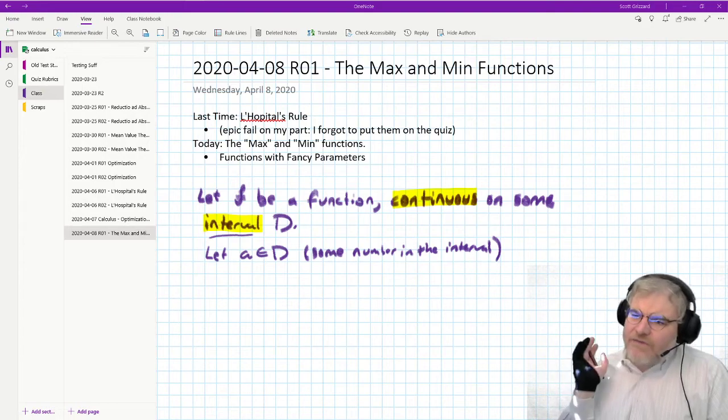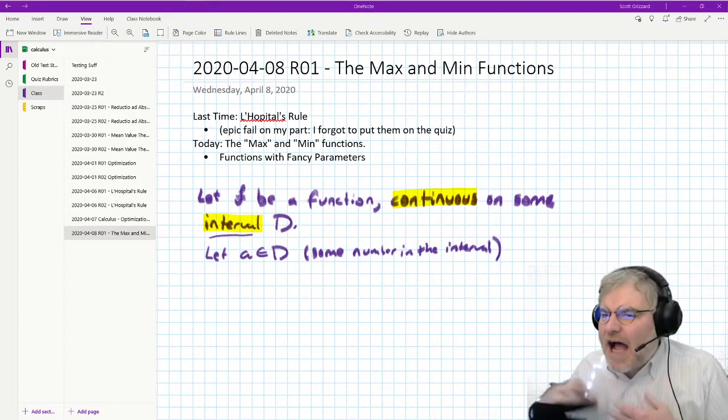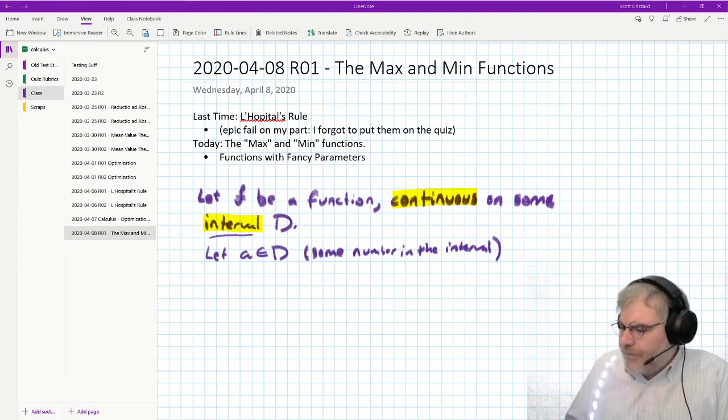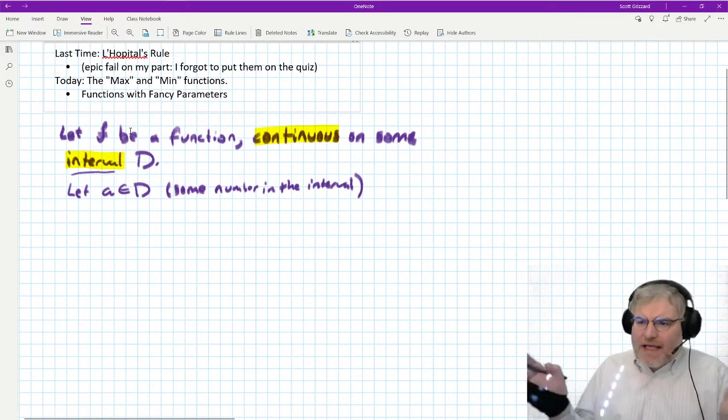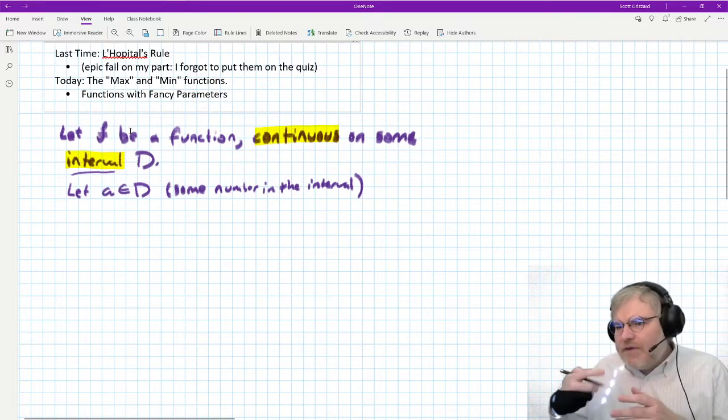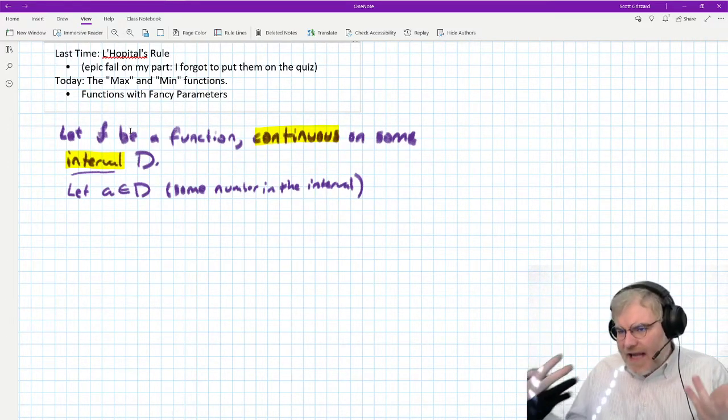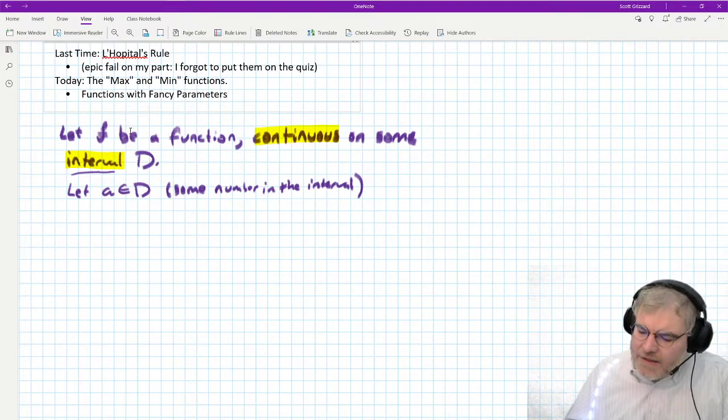Now, I'm going to define a new function about f. F is not the function. F already exists. Now I'm defining a new function about f, and it's called the max function.